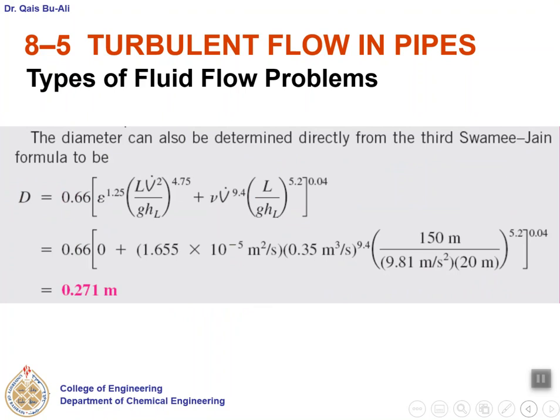Now the diameter was also determined from the third approach, the Swamee-Jain formula, and by direct substitution the diameter was obtained to be 0.271 meter, which is 27.1 centimeters, a great match.